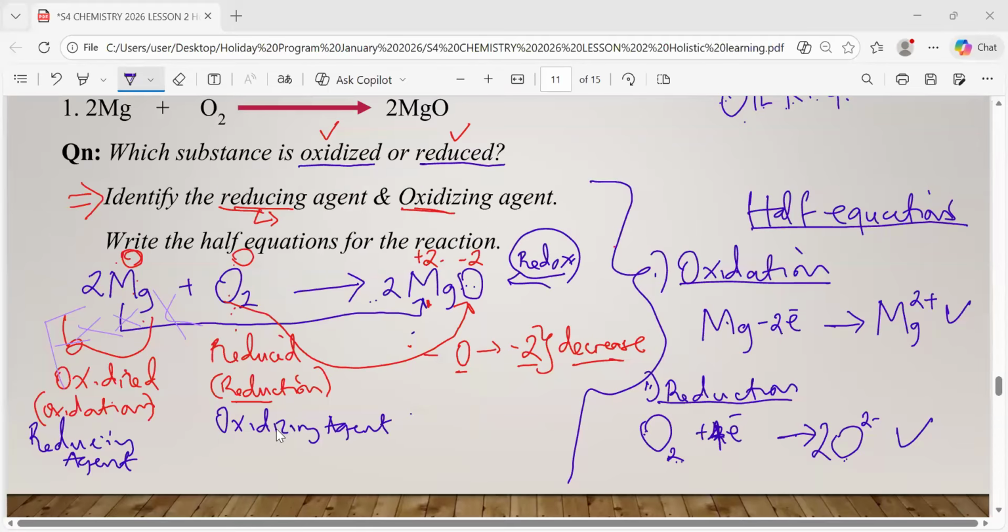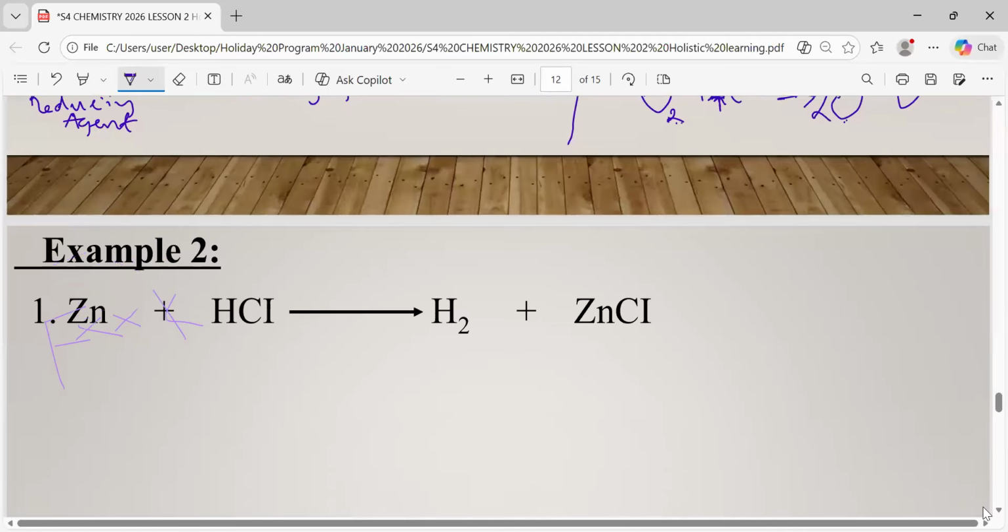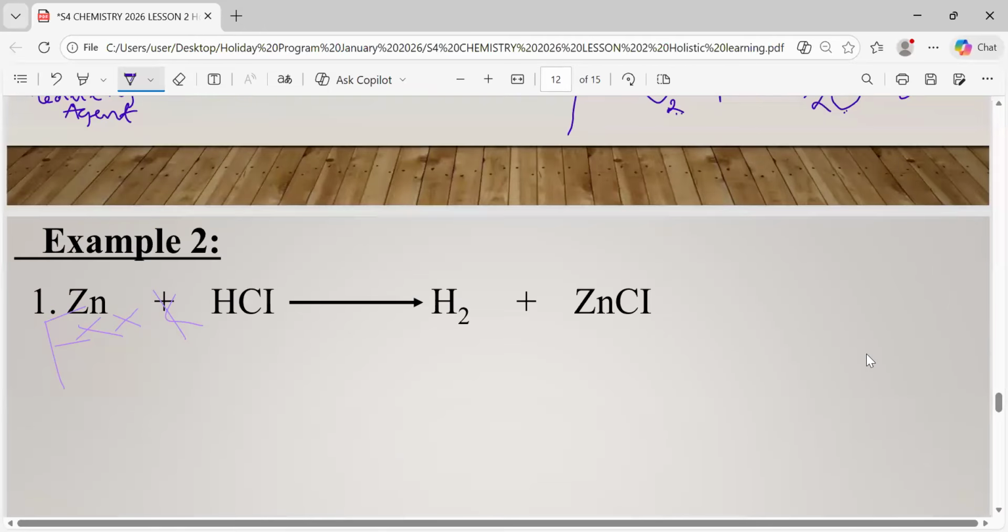Yes. But have you learned how to assign oxidation states? No. Okay, let's look at this example and we do it together. Are you seeing example 2? Yes. Okay, let's try it together. Now we are going to start with: what is the oxidation state of zinc here?